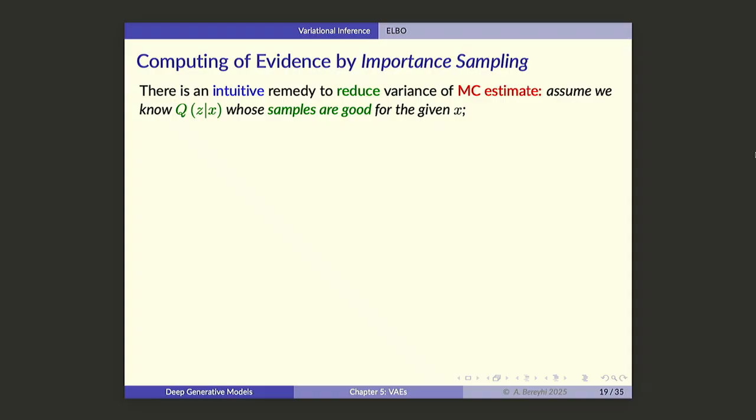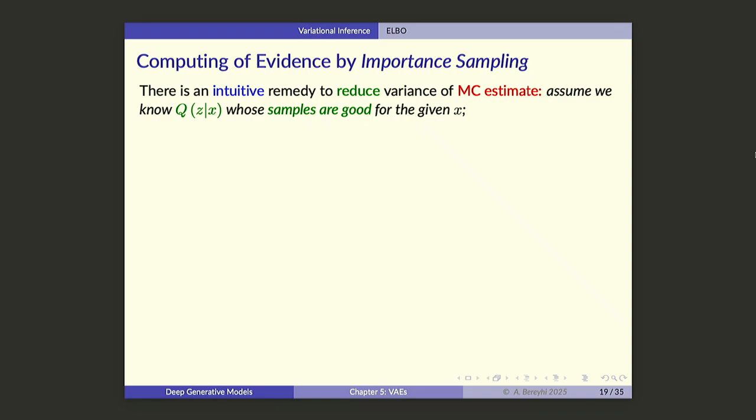So I want to somehow hit everywhere around X. So if I can come up with one distribution Q of Z given X, one distribution for Z which depends on the particular X that I'm looking for, and this distribution has the property that whatever Z I sample from it is going to hit around this X, then I'm going to sample from that distribution and average my P of X given Z values, right? And it's going to give me a better estimate, lower variance. Did you get the idea?